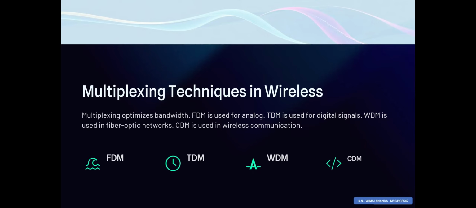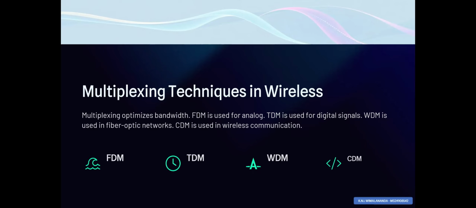In frequency division multiplexing, known as FDM, we assign different frequency bands to different signals. This is commonly used in radio broadcasting. Time division multiplexing, known as TDM, allocates different time slots to signals. This is widely used in digital telephone networks.